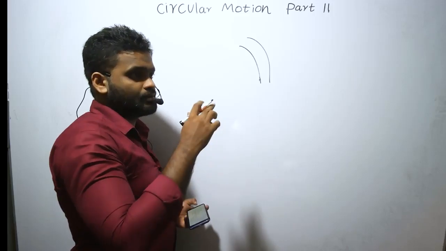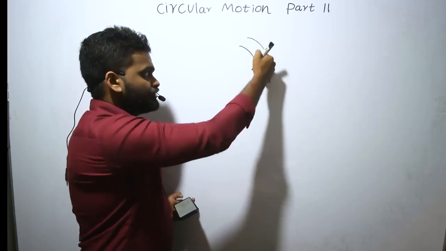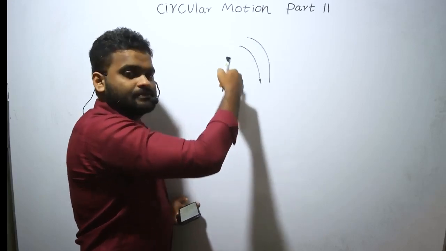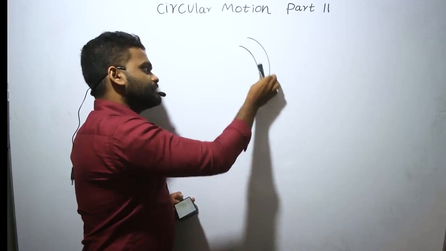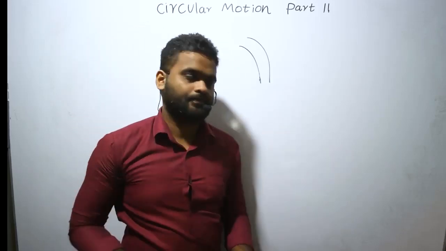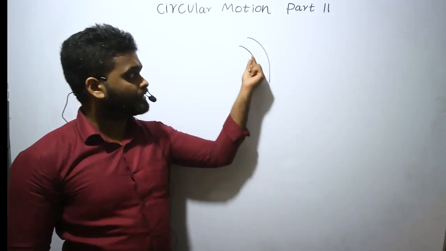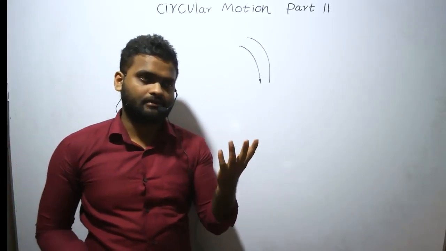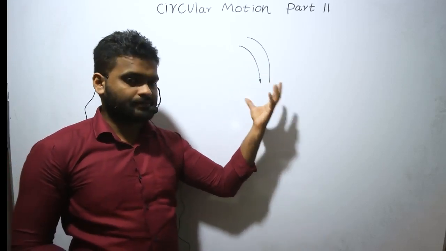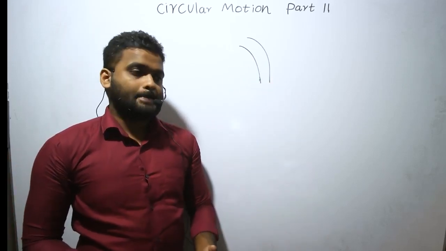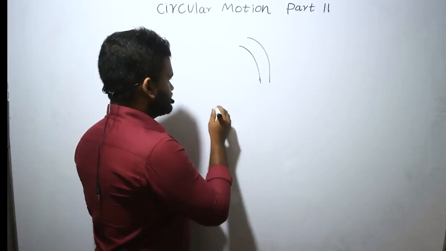So if there's no friction, we don't have a force to create centripetal force. The mass requires a centripetal force to go in a circular path. But if it doesn't have friction towards the center, then we cannot create a centripetal force.